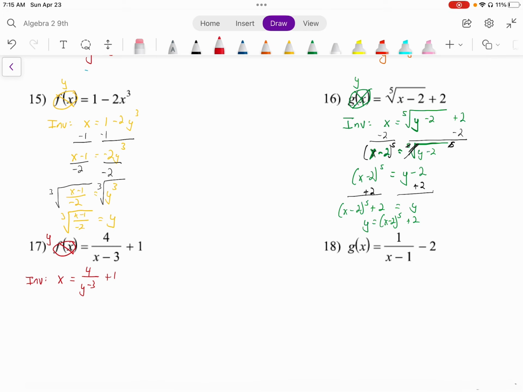So what we'll do is we'll add 1 to both sides. Sorry, subtract 1 from both sides. And we get x minus 1 equals 4 over y minus 3. Here's where it gets a little bit tricky because we're not used to seeing this. But our y, which is what we want to solve for, is in the denominator. So what we're going to do is we're just going to multiply both sides by y minus 3.